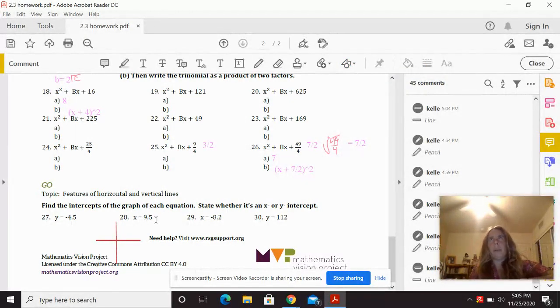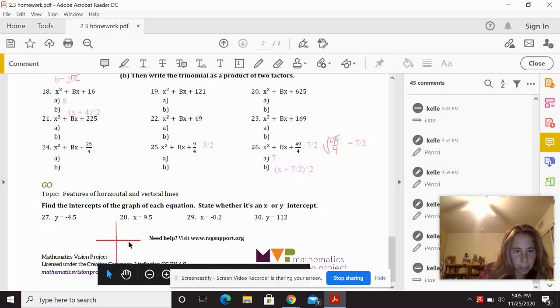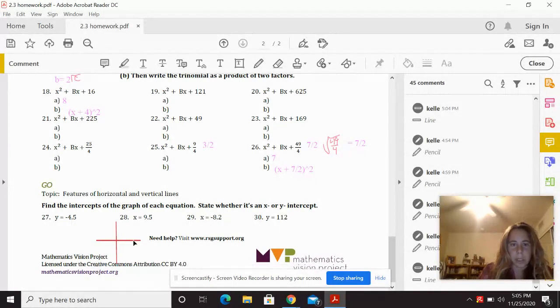So let's throw back to 2.2 homework. I almost said yesterday's homework. I think it was 2.2, where you had to write the formula of the axis of symmetry. So same idea, right? It's an x equals line. So x equals 9.5, I didn't draw little lines, but about here. So you just draw a line there.